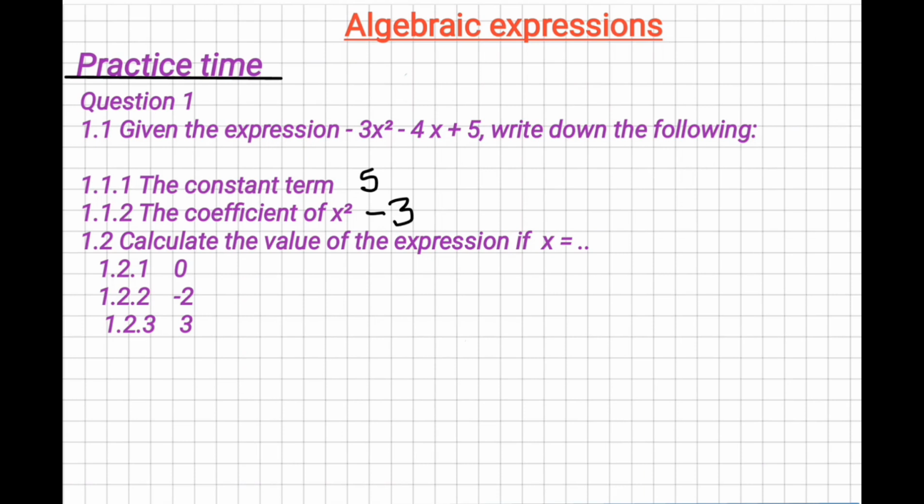So the coefficient of x squared is negative 3. 1.2.1, calculate the value of the expression if x equals 0. So let's do 1.2.1 here. We want the value, and this value is being obtained from that expression.